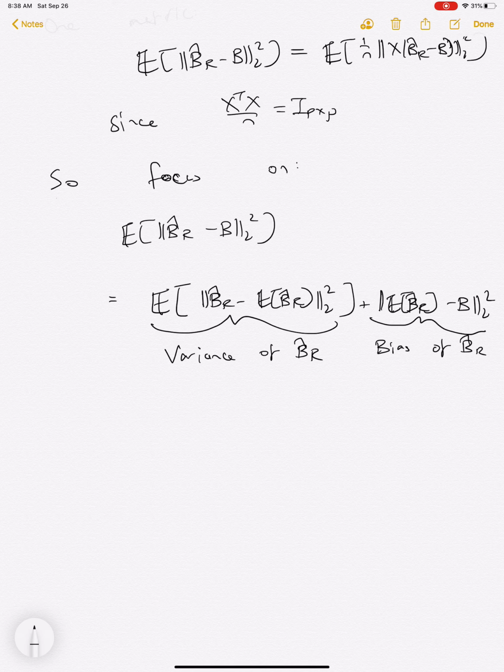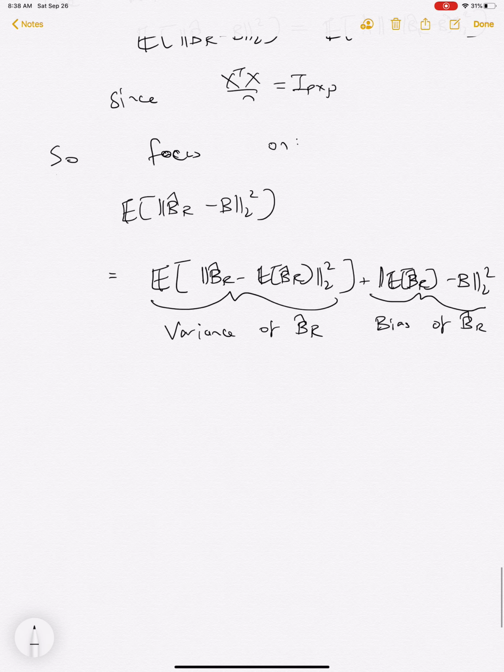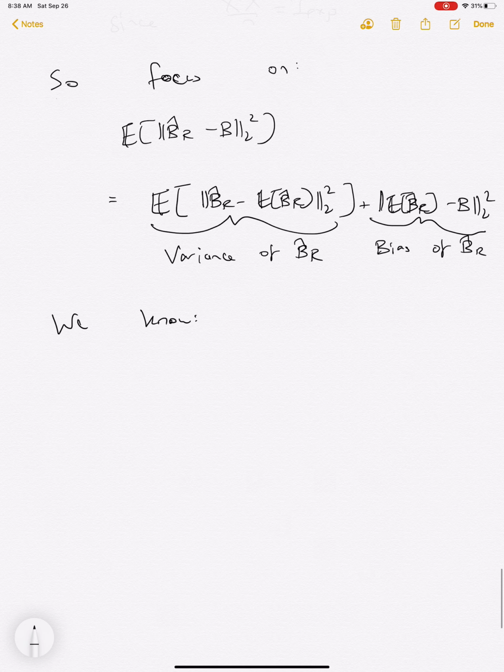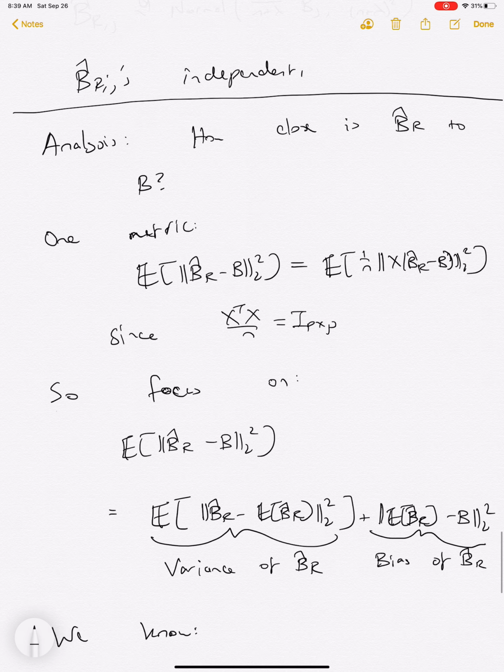Okay, and we also know that we were in this very nice setting where we have the multivariate normal in a nice simple form.